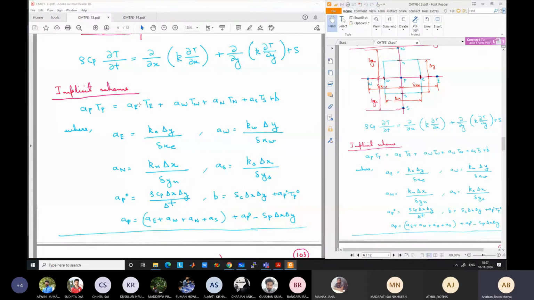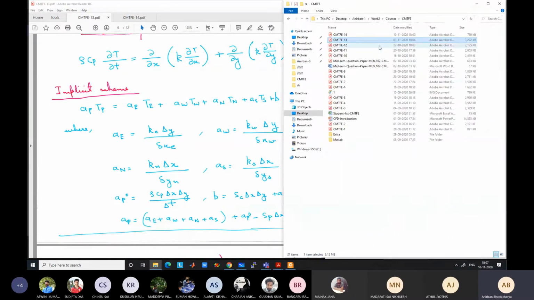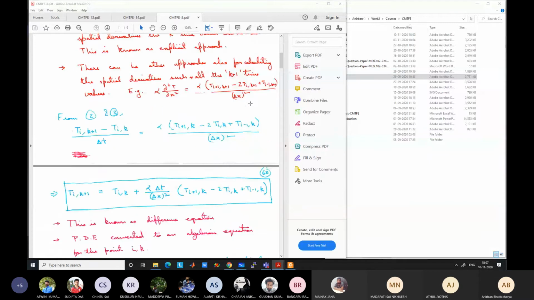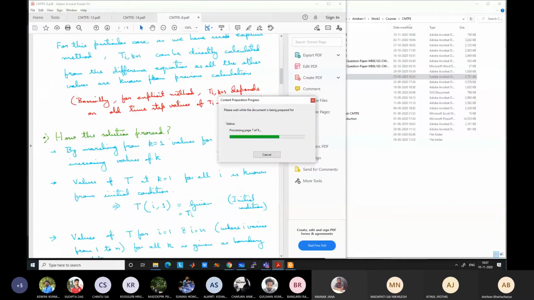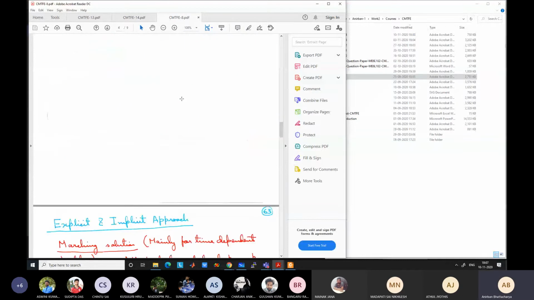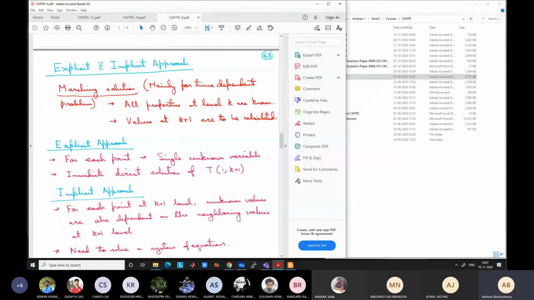Here you can take all the variables and their coefficients to the left hand side, so that you can form a matrix of this form. I have not written it again, but by this time you should be very familiar because we have discussed it so many times.